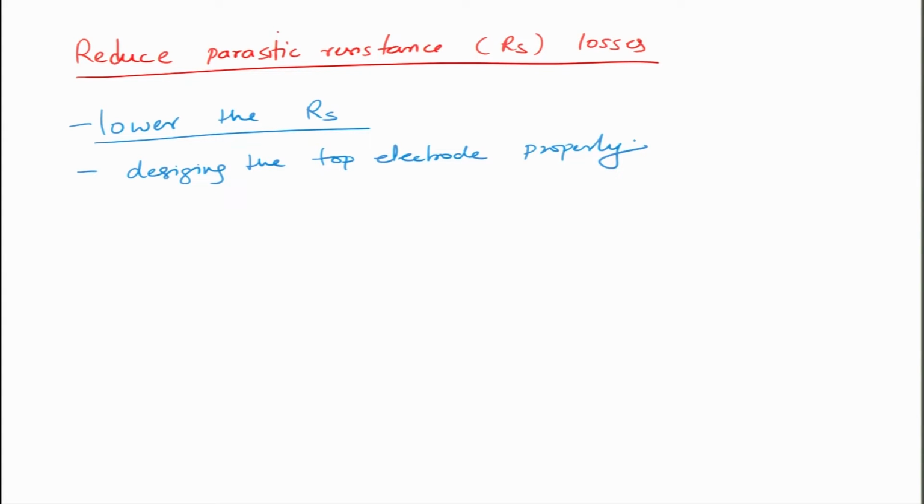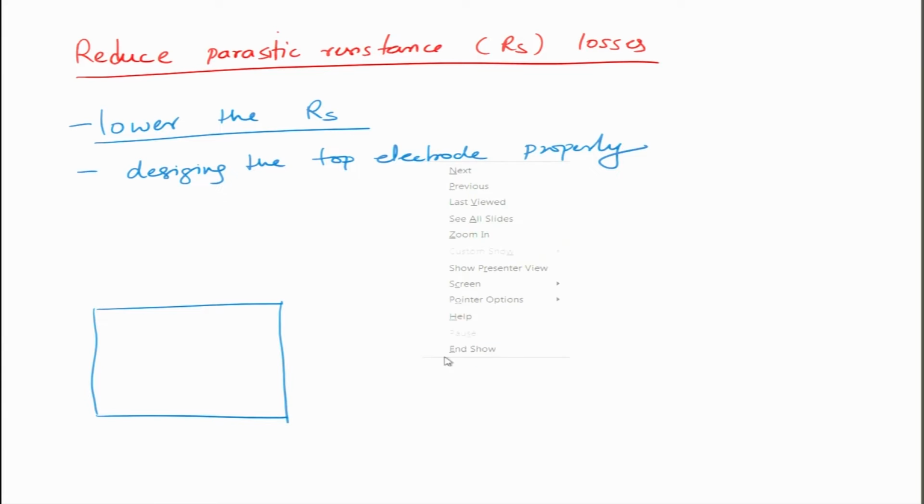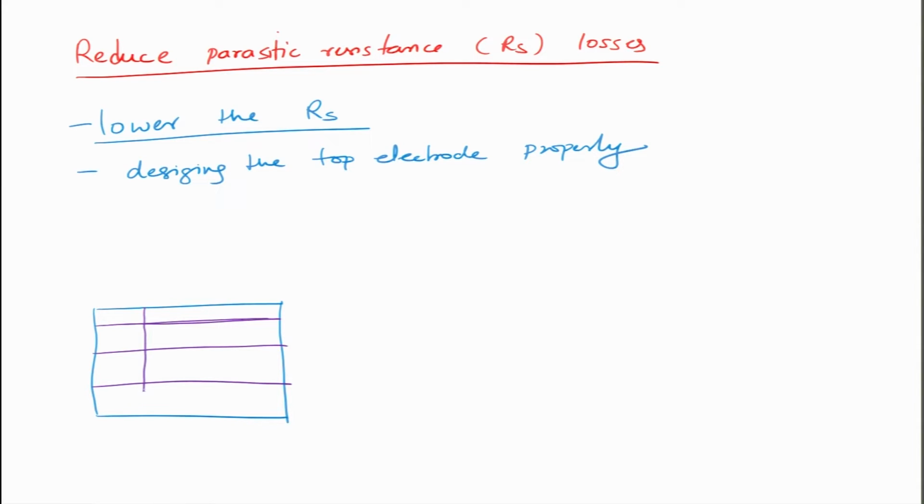Now, what happens is that if I look at the top view of the device, it will have these contacts. So, you have these lines running here, here, here. Now, you want to design these lines in such a manner so that they do not cover the top of the surface, but at the same time, the distance between these lines is extremely important.